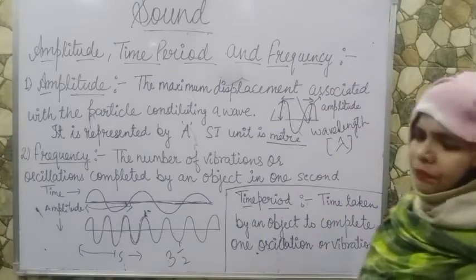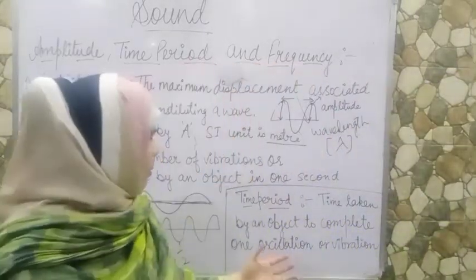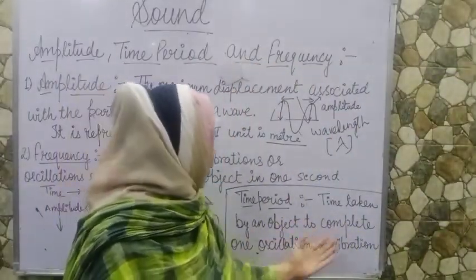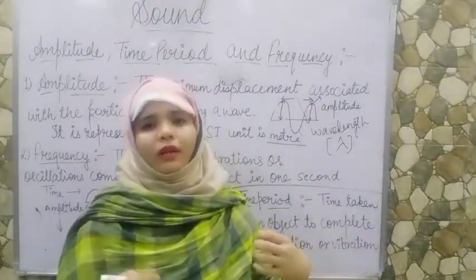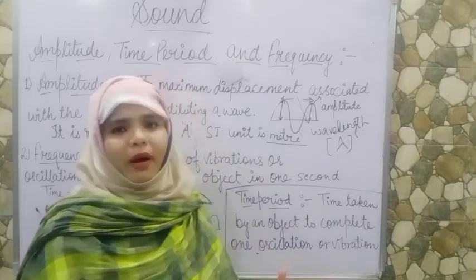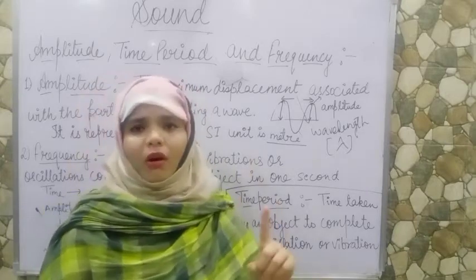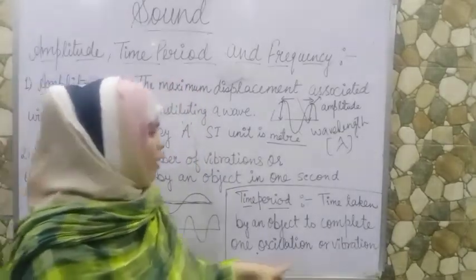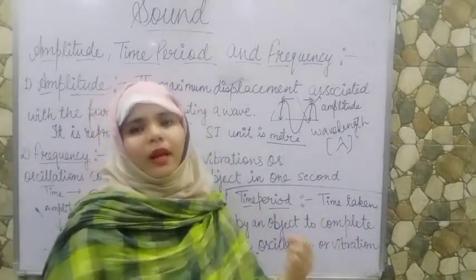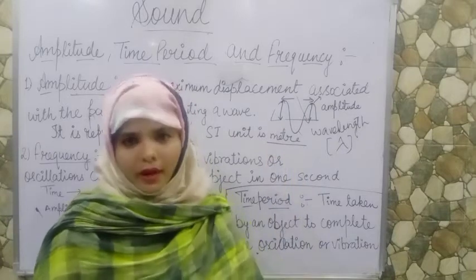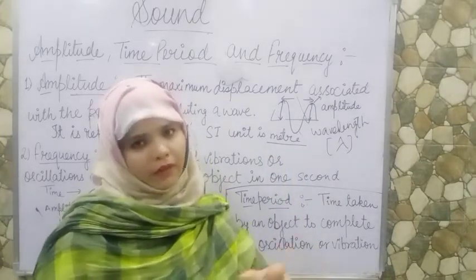Similarly, time period is the time taken by an object to complete one oscillation or one vibration. Suppose one vibration is completed in a fraction of a second, then the time period is that fraction of a second.